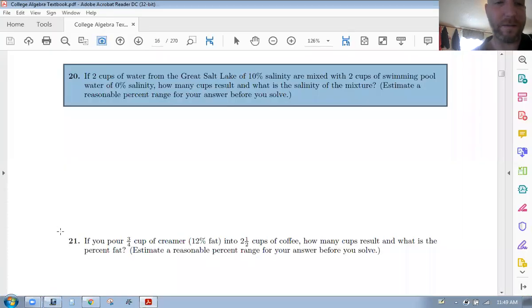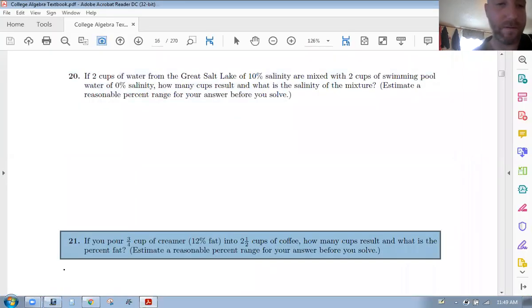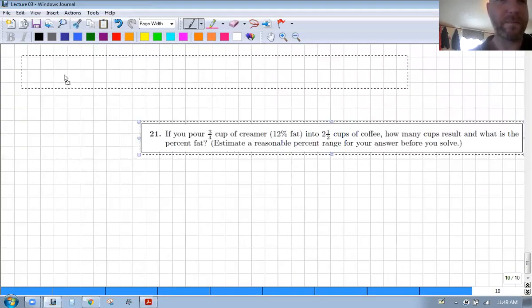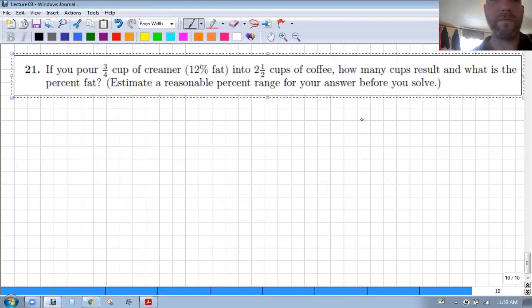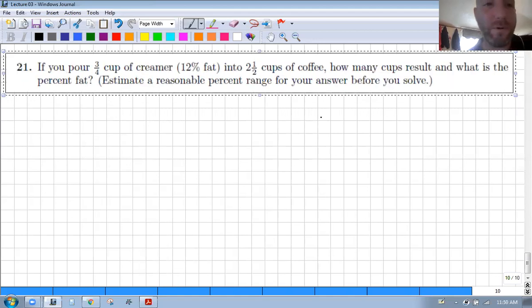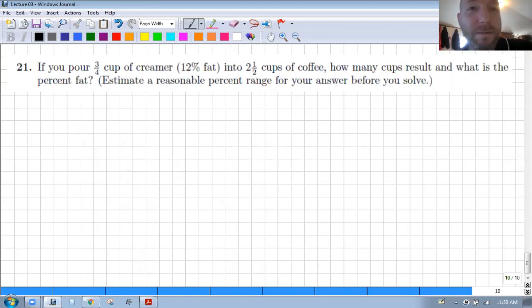All right, let's look at the next one. If we pour 3/4 of a cup of creamer, this is our V1, and it says that the creamer is 12% fat, so that's our C1. We're pouring that into 2.5 cups, that's our V2, of coffee.